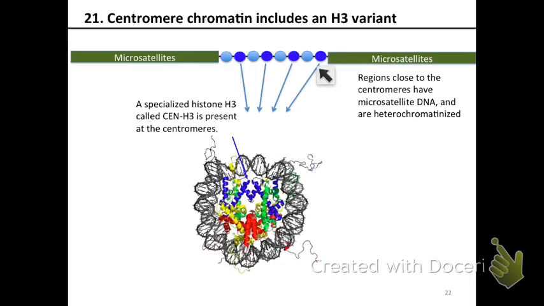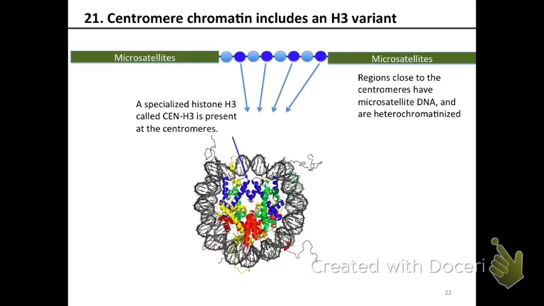The centromere is the region where the kinetochore is going to form and attach to the spindle, and it contains lots of nucleosomes, okay? And these nucleosomes, the light blue ones I indicated here, will contain canonical histones. It's going to contain the regular H3. And it will also have nucleosomes scattered around the centromere that are going to contain this histone variant called CEN-H3, centromeric H3. And that is going to be the specialized histone that's going to form the nucleosomes.